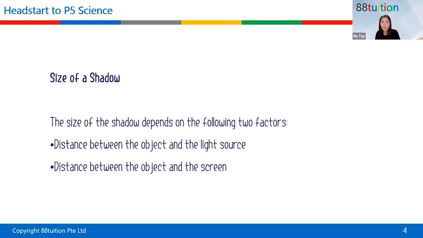What about the distances? So we have two factors, right? The distance between object and light source. Grace said, move the torch closer to the object. Okay, that's what Grace said.